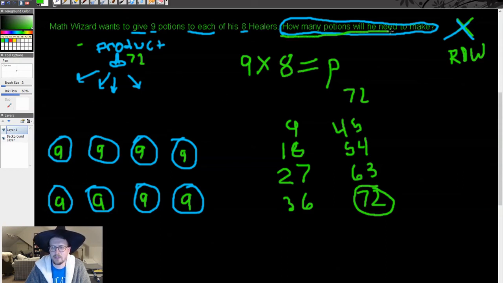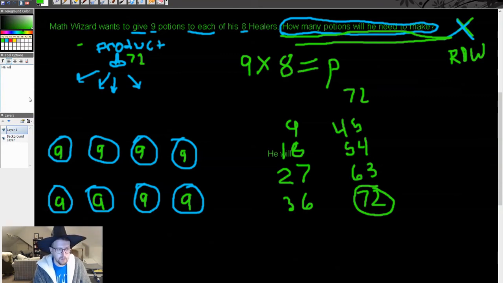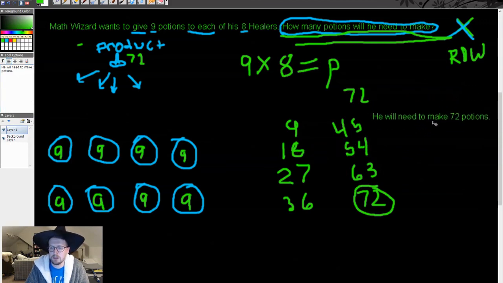And I also can use that to answer with a sentence. How many potions will he need to make? Let's use my text tool here. He will need to make, and then I can type my answer, 72 potions. Remember, don't make your life harder than it needs to be when you're typing the sentence.